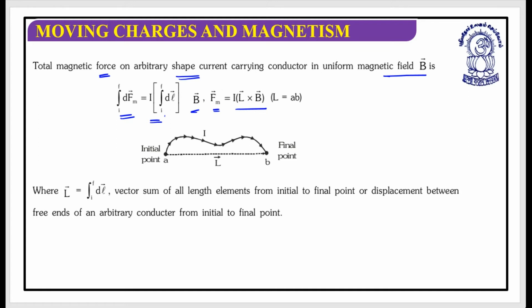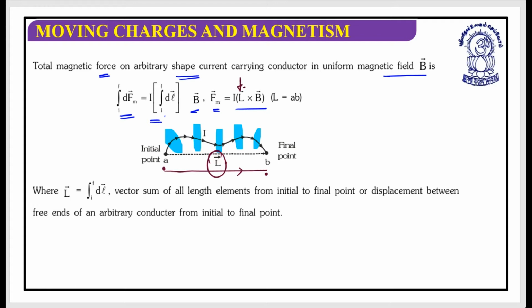Now let's suppose this has an arbitrary shape, as you can see from here. When it has an arbitrary shape, you need to make a straight wire from initial position to final position, something like this. Take that length as the length element.